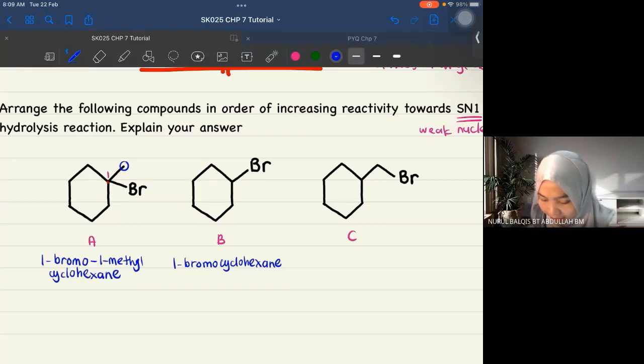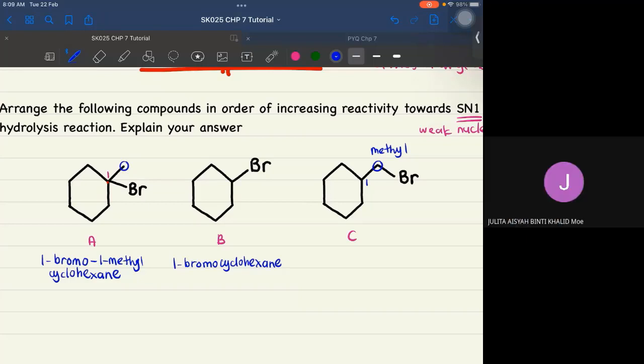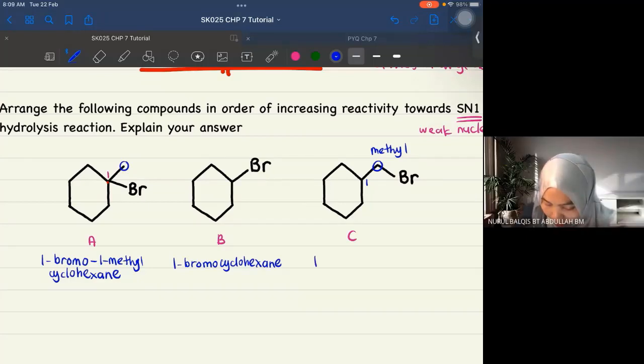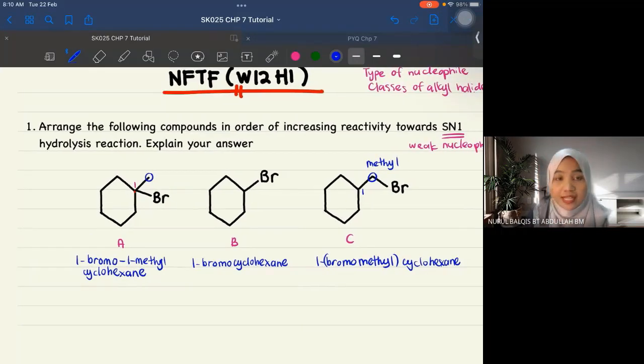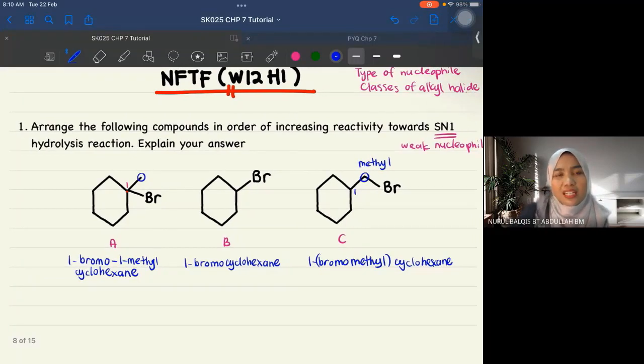Kat carbon number 1, bromomethyl lah kan? Okay, 1-bromomethyl cyclohexane. Okay. Right.